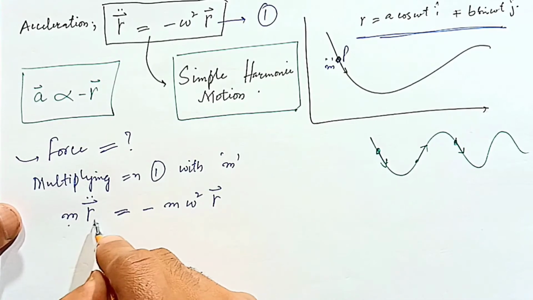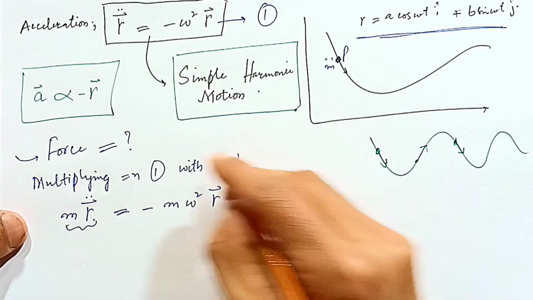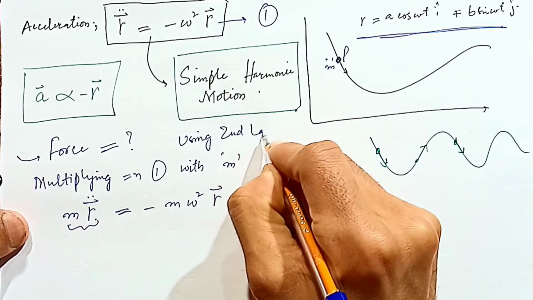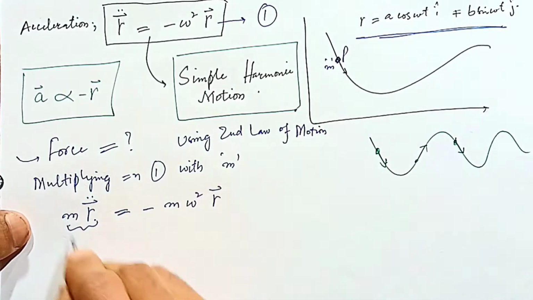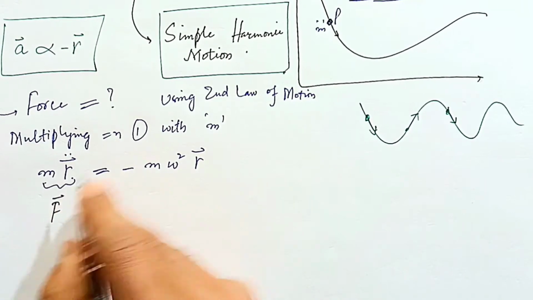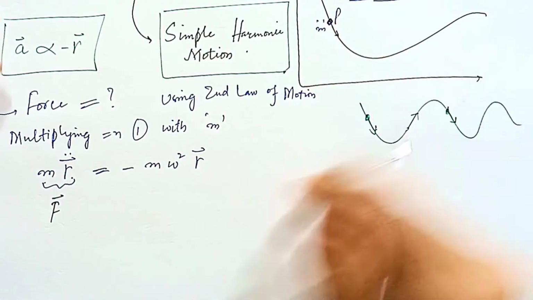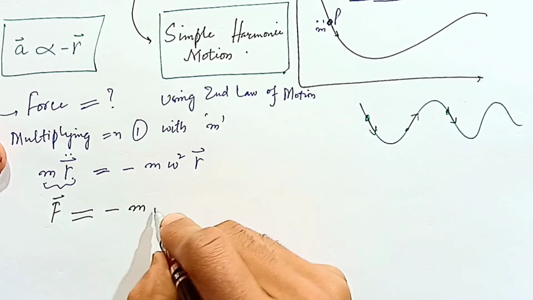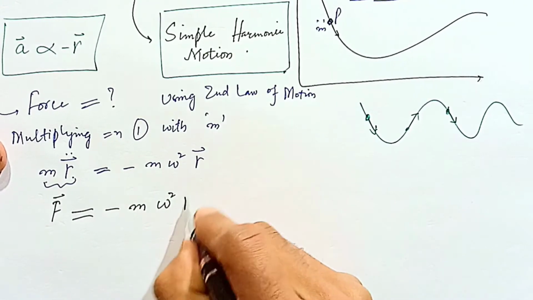So mass times r double dot is the force, using the second law of motion, isn't it? So this will be equal to the force acting on this particle which is moving along this very path. So the force will be given as equal to minus m omega square r.